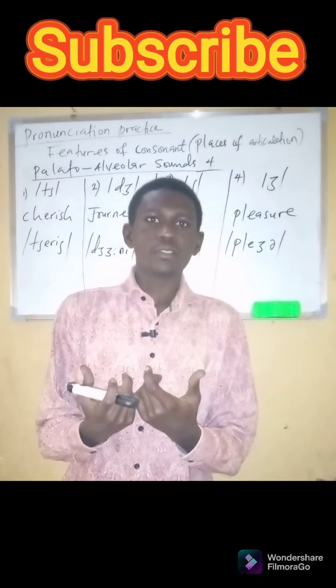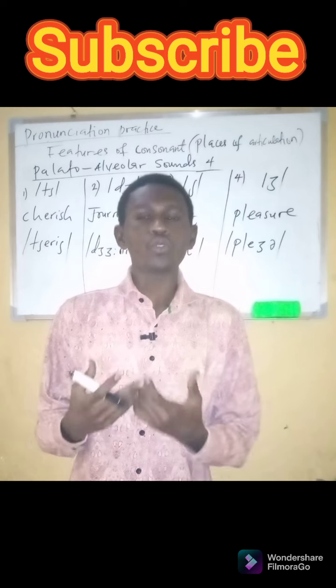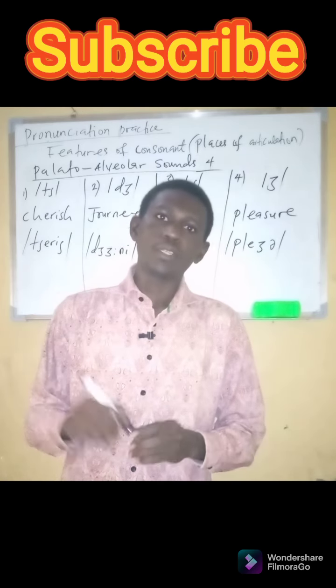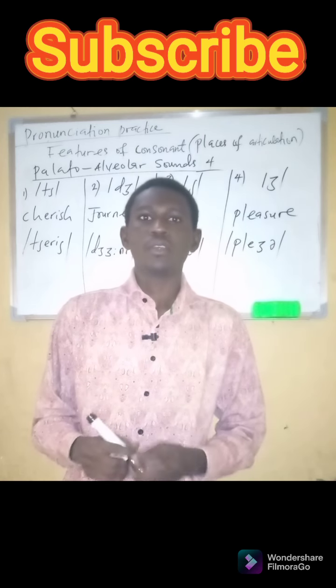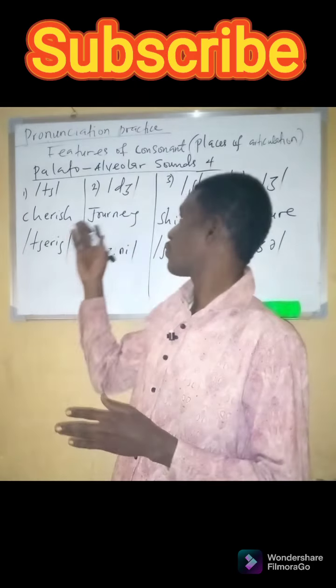When these two features happen concurrently in the course of pronouncing a particular consonant sound, then that sound is considered to be palato-alveolar. And these sounds are four in number, which are as follows.